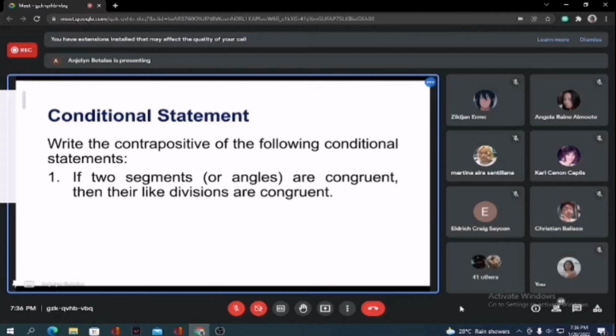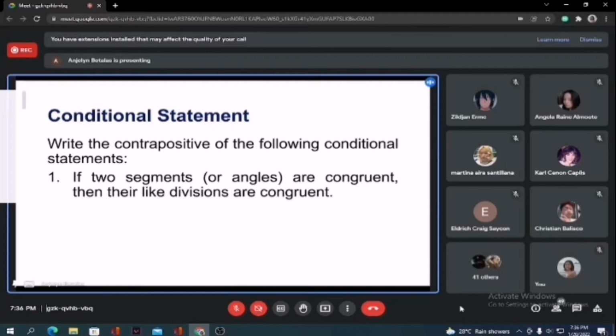So, the contrapositive for this is, if the like divisions of two segments are not congruent, then they are not congruent.